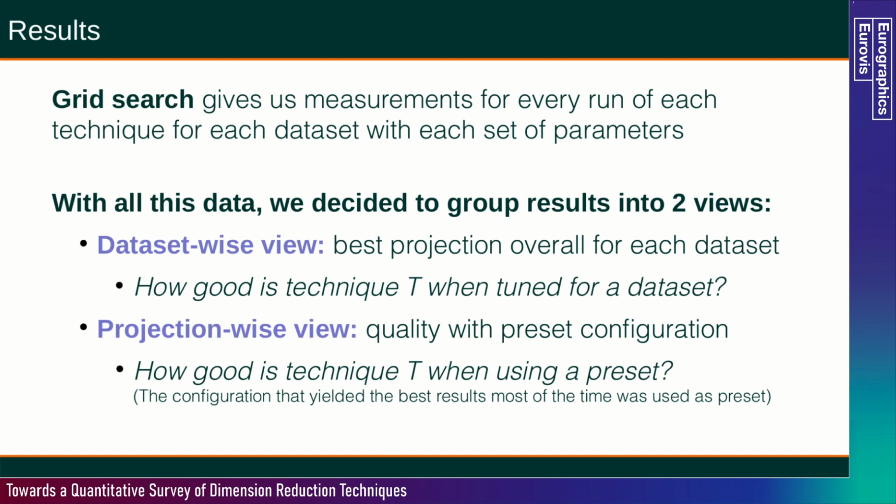Okay, then we have a projection-wise view, where we fix a preset configuration, and we try to answer the question, how good is technique T when using a preset configuration for all data sets? In this case, since we did not have the preset configuration before running the benchmark, we used the configuration that yielded the best results most of the time as a preset, which we believe was fair enough.